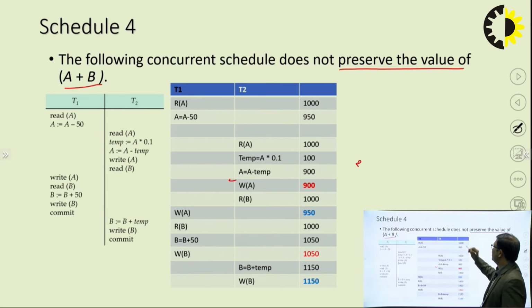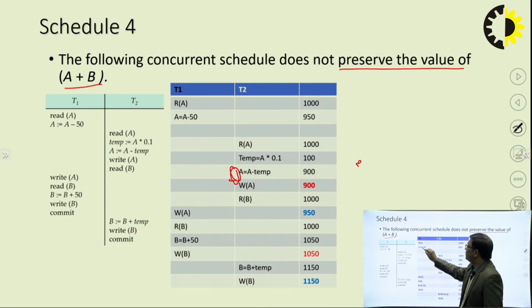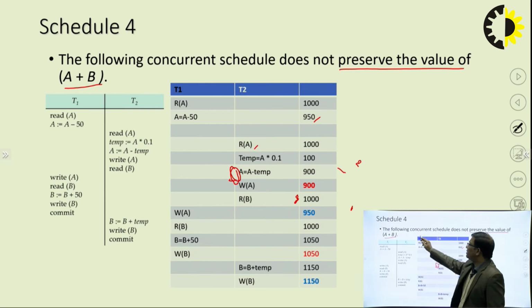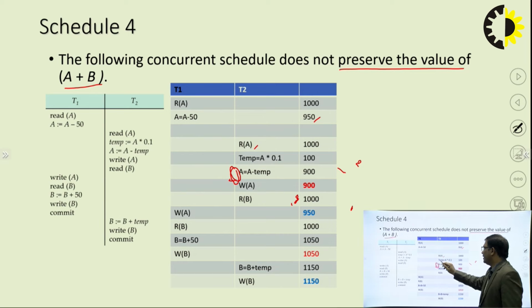The starting point is A is 1000. We subtract 50 from A, then it is 950. Then read A in T2. It will not read the 950, because transaction T1 didn't write A yet. So it reads the initial value of A, that is 1000, and then temp does some changes and writes A. It writes A as 900.